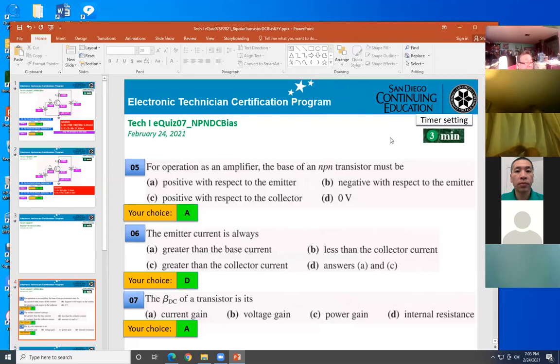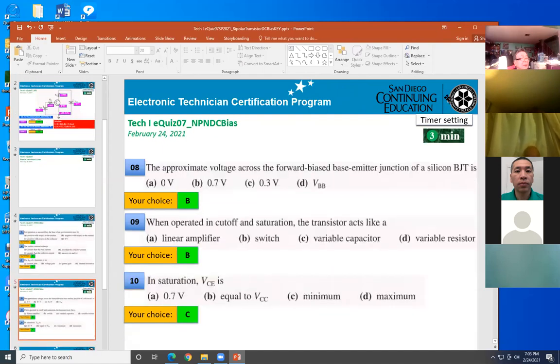The beta of the transistor is what? Current gain. The approximate voltage across the forward biased base emitter junction is B, right? Yes, 0.7 for silicon, 0.3 for germanium.